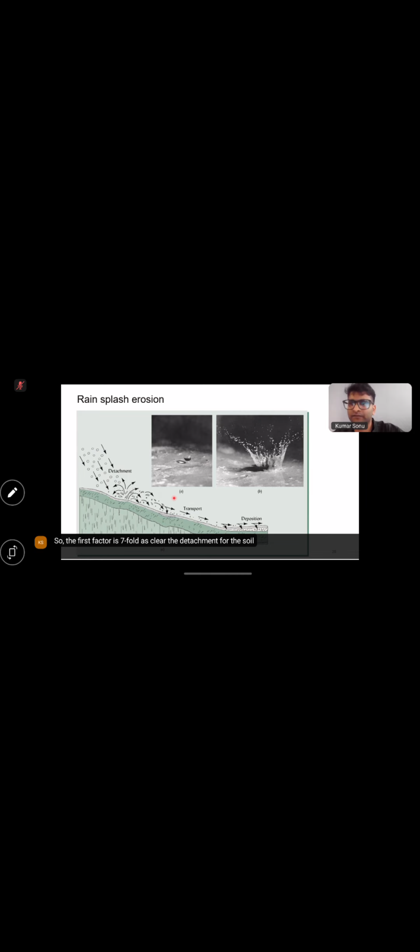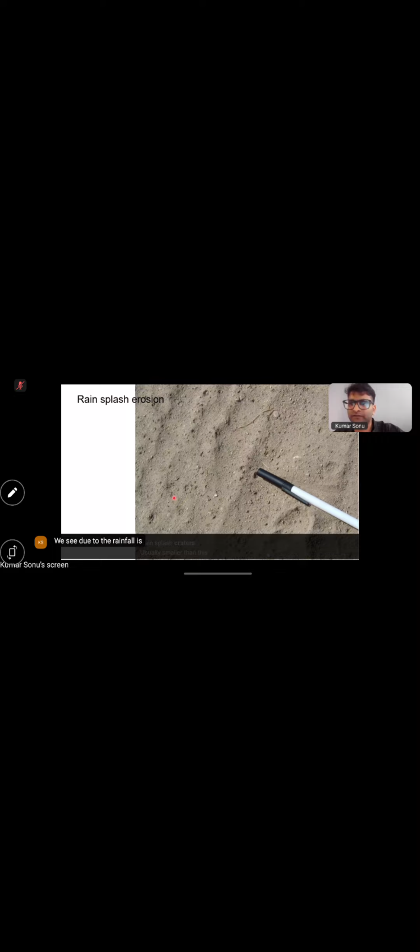Now we can see splash rainfall in real life. Due to the rainfall there is a small depression. There may be no big movement, but some material will be detached here and here, right? This type of material is easy to detach.